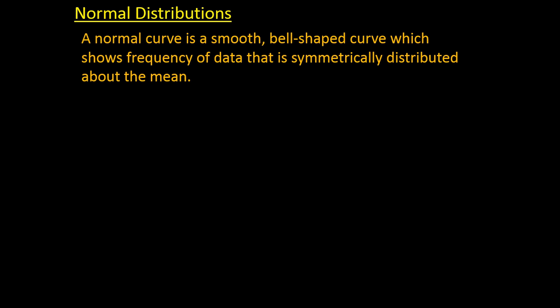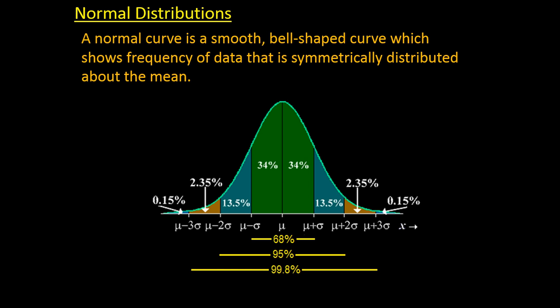Now, standard deviation has another really important use in statistics, and that's with normal distributions. Normal distributions will follow something called a bell curve, which means that when we make a graph of our data, what we'll see is that more of the data is clustered toward the mean and less of the data is out toward the edges.